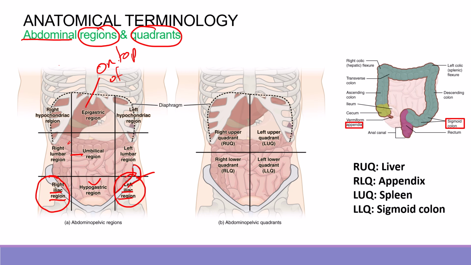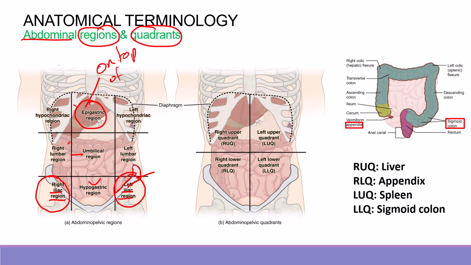So with epigastric, gastric refers to the stomach. When you have inflammation of the stomach, it's gastritis, or the stomach is known as the organ that makes gastric acid, right? So gastric refers to the stomach. The region on top of the stomach is called the epigastric region.